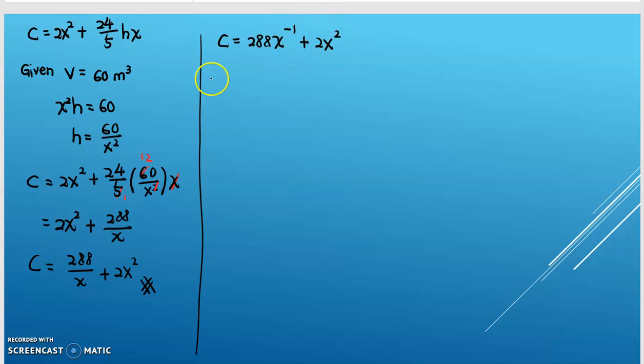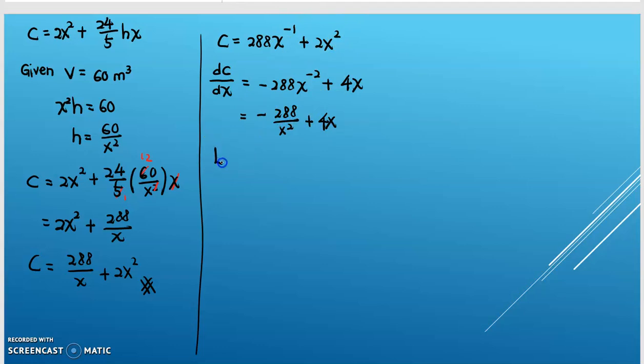First, we find the first derivative, differentiating C, the cost, with respect to x. So I should have negative 288 x to the power of negative 2 plus 4x, or negative 288 over x squared plus 4x.